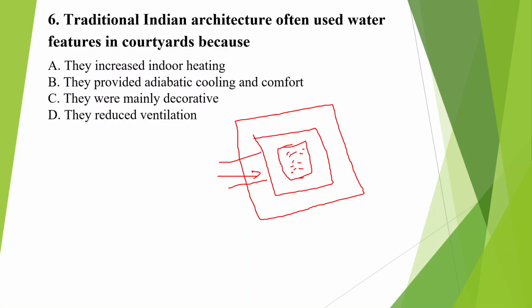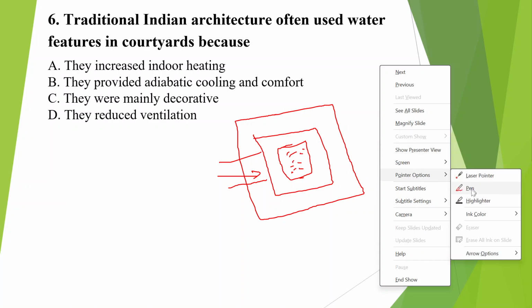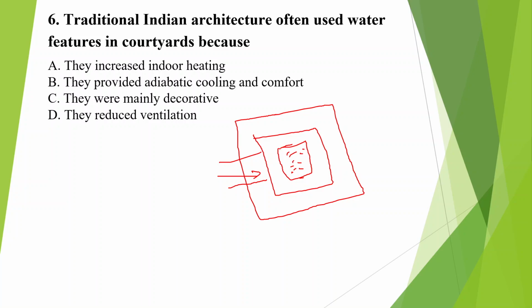Question number 6. So if the water bodies are here, let me discuss. If the water bodies are here and air or sunlight can come in directly, since this is a courtyard, an open space, this will cause evaporative cooling due to the direct solar radiation and the wind also causing evaporation.